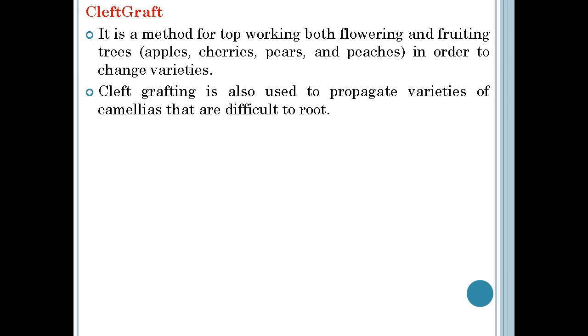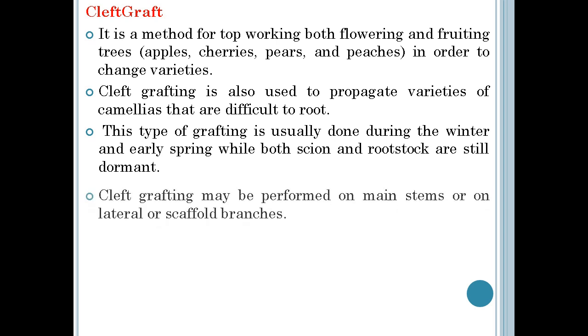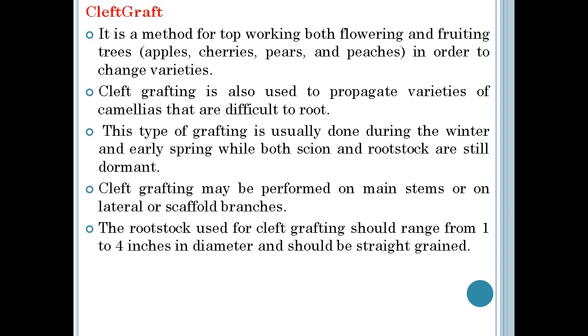Cleft grafting is also used to propagate varieties of camellias that are difficult to root. This type of grafting is usually done during the winter and early spring when both cion and rootstock are still dormant. Cleft grafting may be performed on main stems or on lateral or scaffold branches.